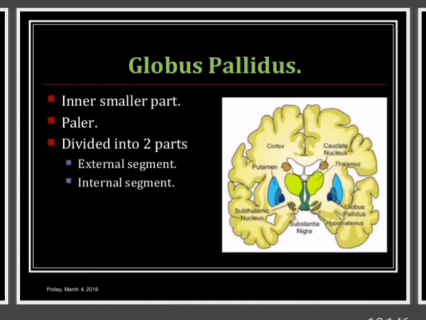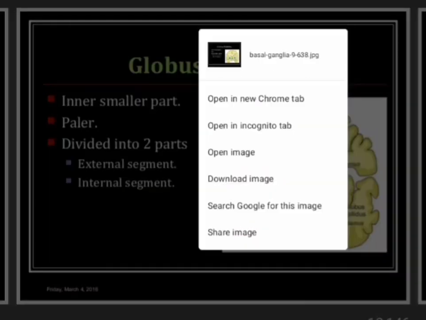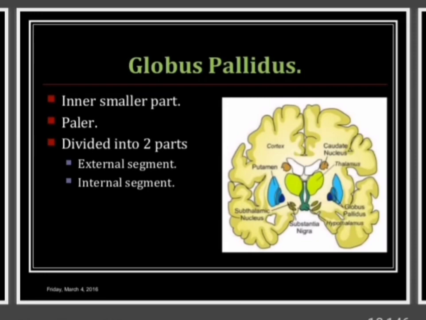Globus pallidus: the inner small part, paler, divided into 2 parts. The figure is present in this slide, you can get a vision by visualization of this figure. The inner small part, paler in color, is divided into the external segment and the internal segment.